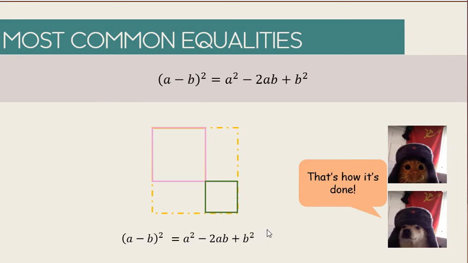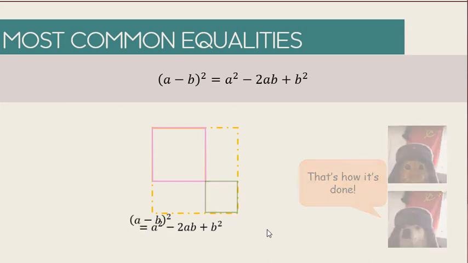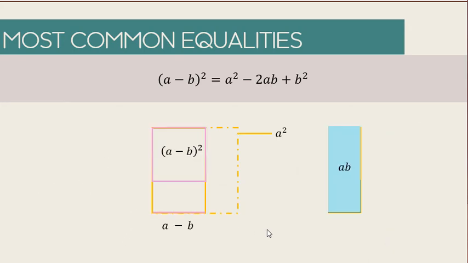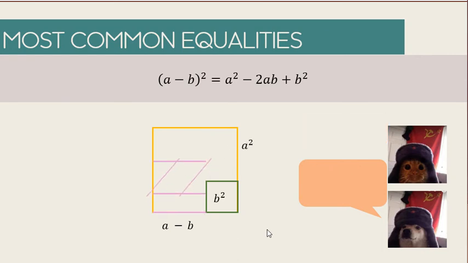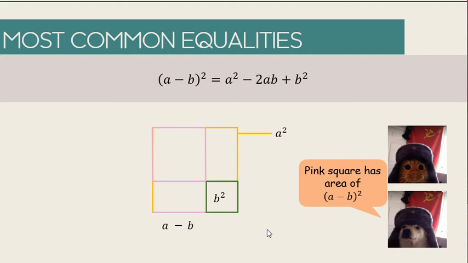You follow? I think this is a little bit complicated, so I will wind it back a bit. Come back to that. Right in the beginning of the problem, we know that the pink area has the area of a minus b squared, right? We know already that the area of this square is a minus b squared.